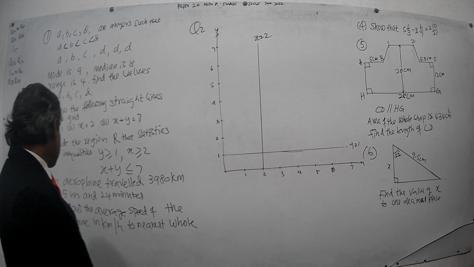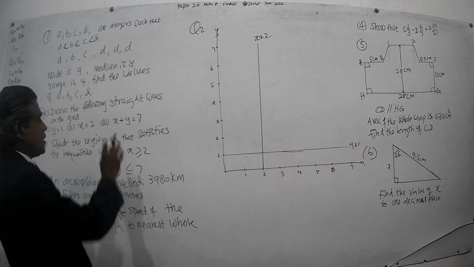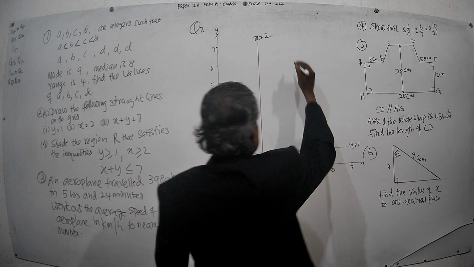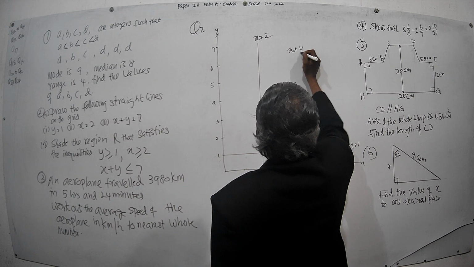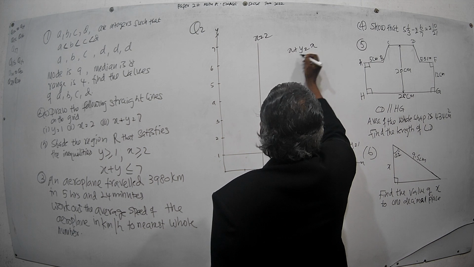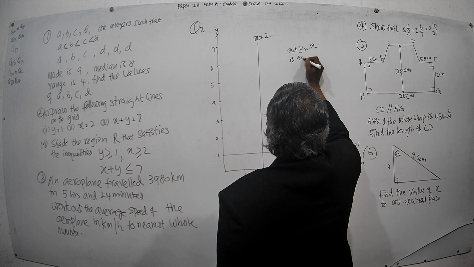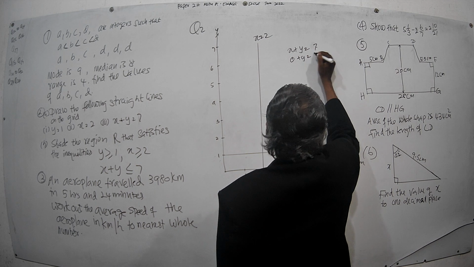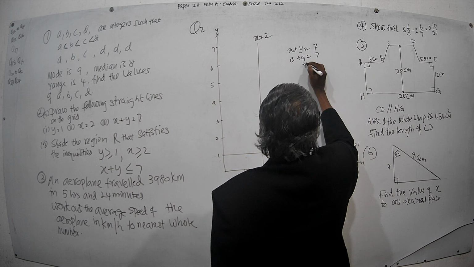Right. The next one is x plus y equals 7. Then we will do some calculation. There are two variables here. Then we will find the y value when x is 0. Substituting 0 for x, y is 7.